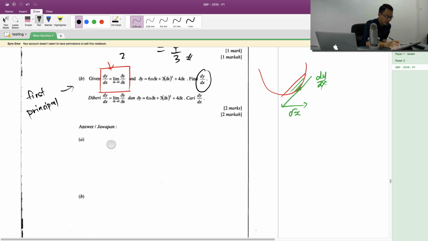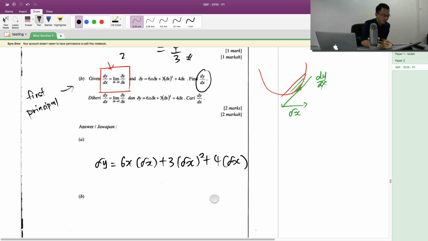Okay, so I will just copy the question first. Change of y equals 6x times change of x, plus 3 change of x squared, plus 4 change of x. First, I want to get change of y over change of x. You can see the whole question here only has one change of y, so I will divide every single term by change of x, because I want to get change of y over change of x.